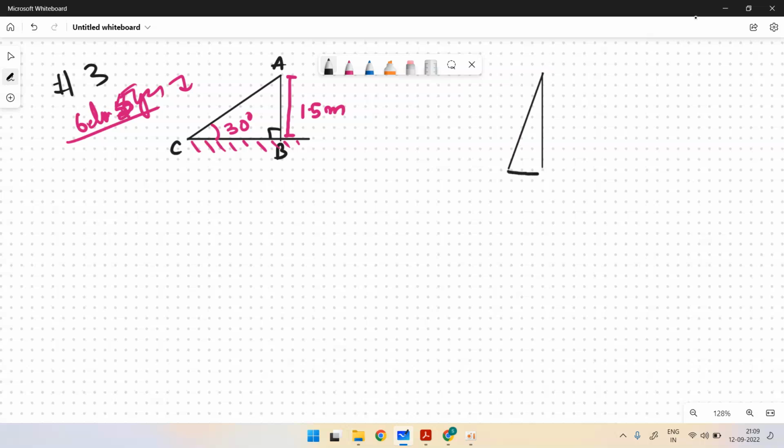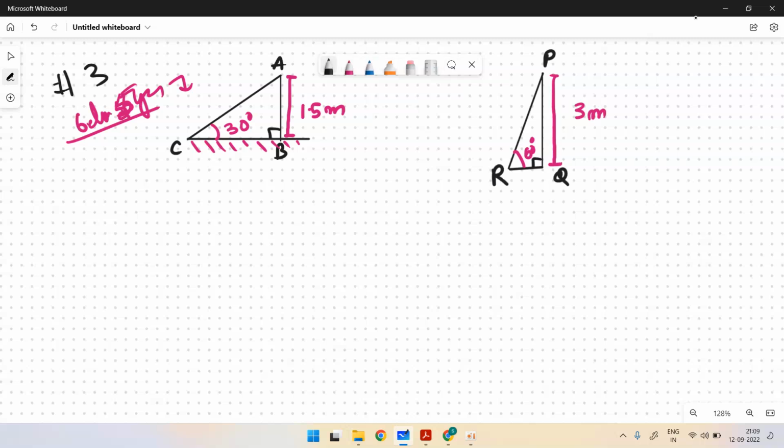I will join this. The angle is 90 degrees and this angle is 60 degrees, and on this side it is given that this is 3 meters, and I will take this as PQR.